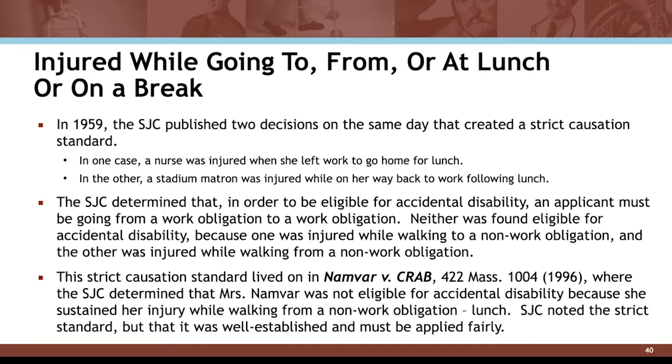In the other, the member was a stadium matron who was injured while on her way back to work following lunch.